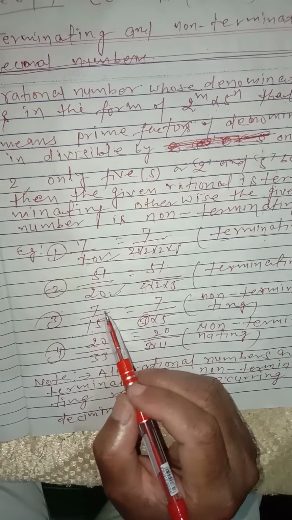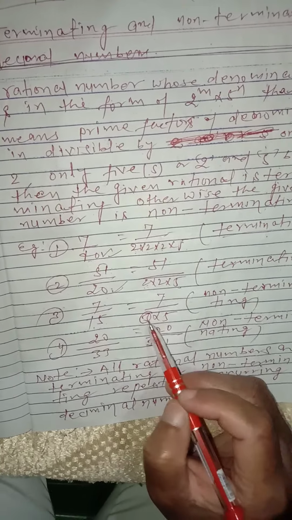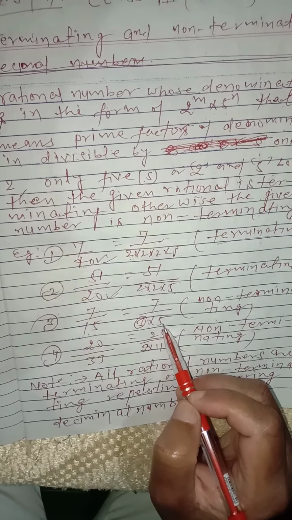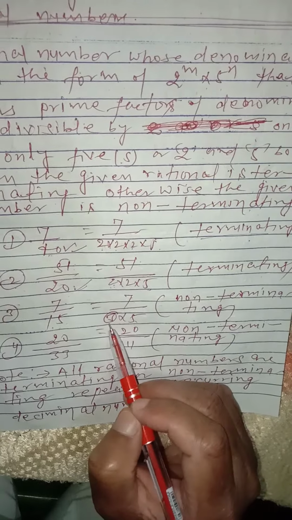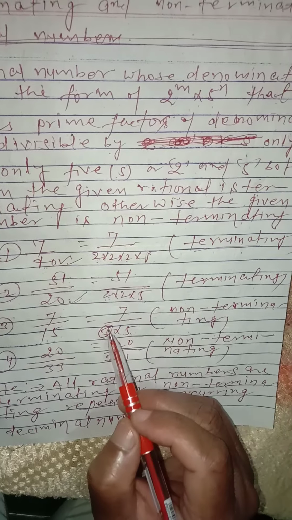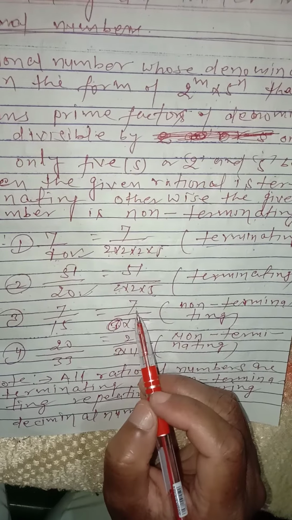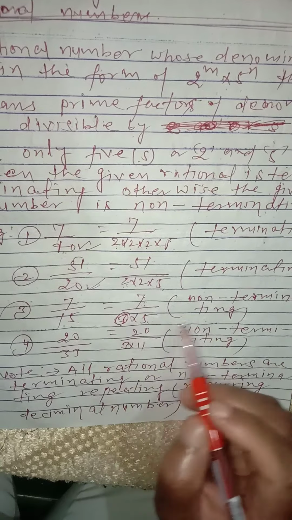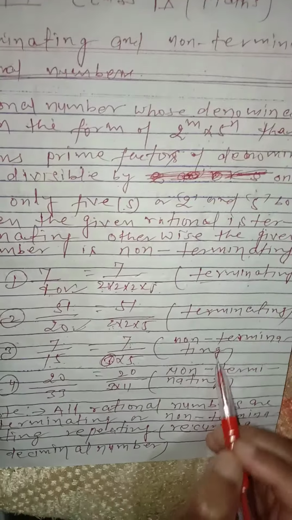Next question, 7/15. 7 over 3 into 5. In the prime factors of 15, there is 3, another number besides 2 and 5. So 7/15 is a non-terminating decimal number.